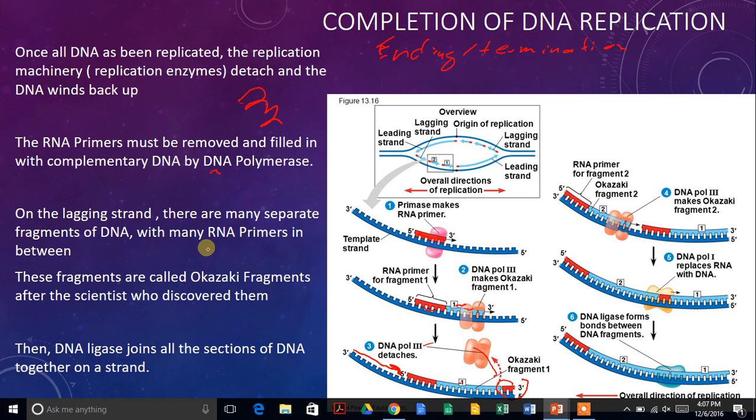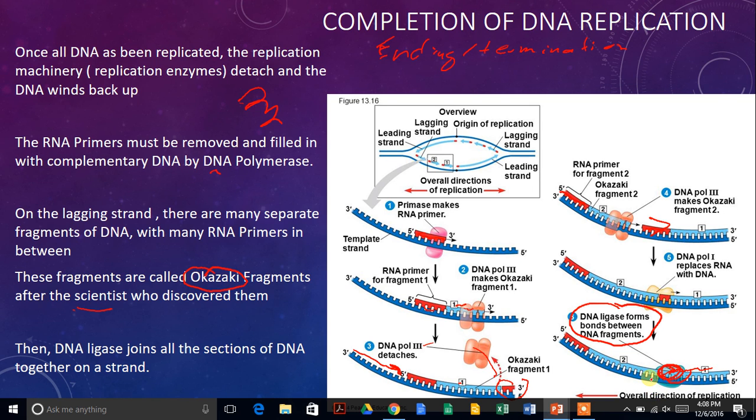These little fragments are called Okazaki fragments, after Dr. Okazaki, a Japanese scientist who discovered them. So, what happens is DNA polymerase goes back and fills in all of these RNA primers, and then a special enzyme called DNA ligase forms bonds between these Okazaki fragments, these little gaps, so that it's all one big DNA molecule.